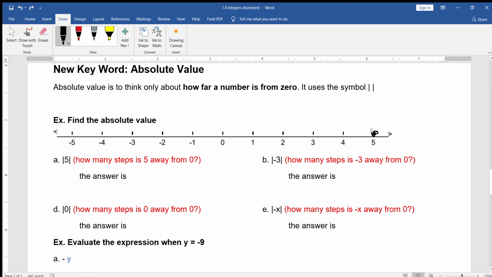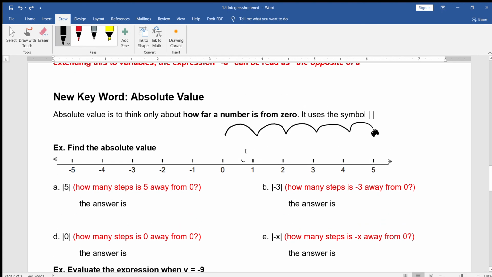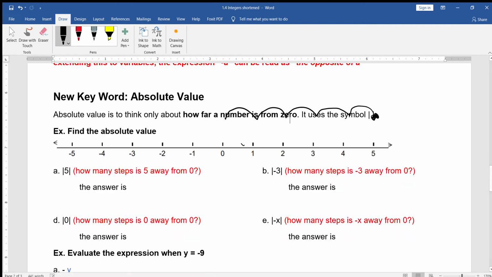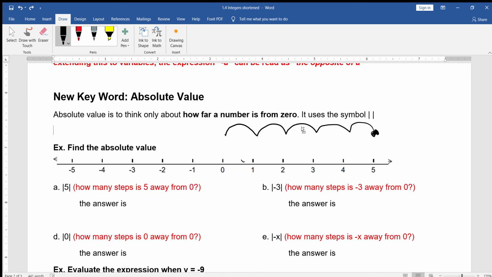How many steps is 5 from 0? Let's count. 1, 2, 3, 4, 5. That means we have 5 steps from 0. That means the absolute value is 5.